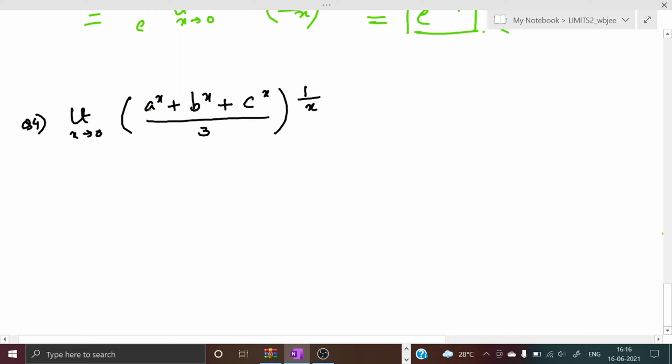See, a to the power 0, b to the power 0, c to the power 0, sorry, x tends to 0, right? So it will be a to the power 0 plus b to the power 0 plus c to the power 0 by 3, that is equal to 3 by 3, which is 1. So this tends to 1, which will be your f of x.